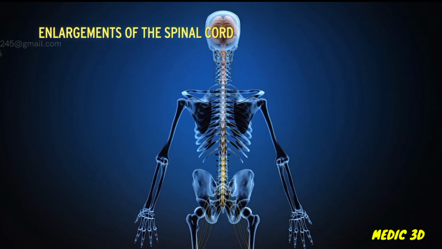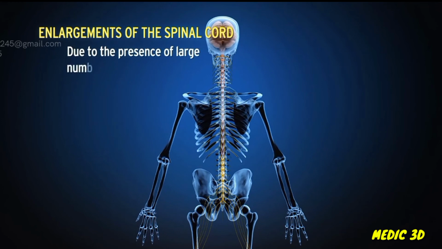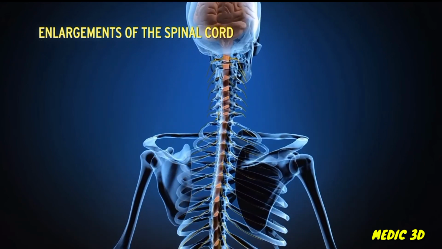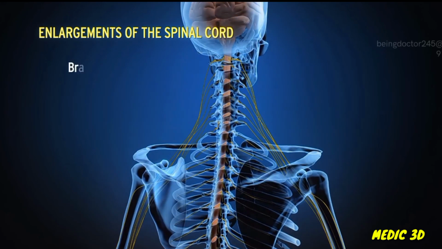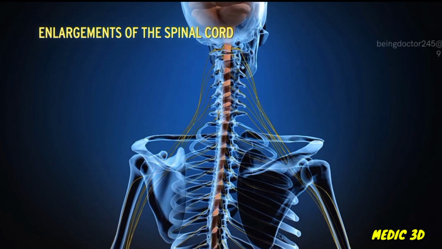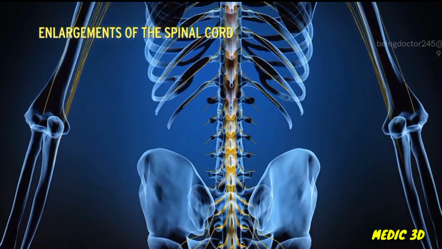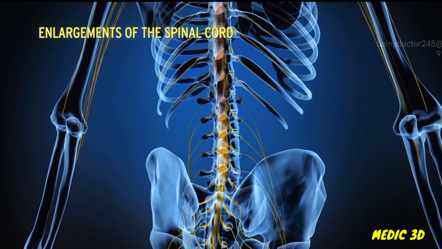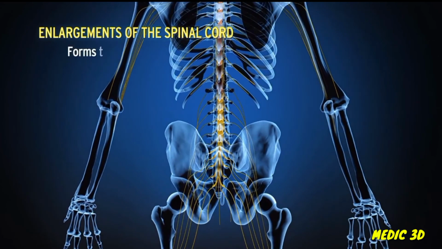These enlargements are due to the presence of a large number of motor neurons in these regions, which form the brachial and lumbar plexus to supply the muscles of the upper limb and lower limb.